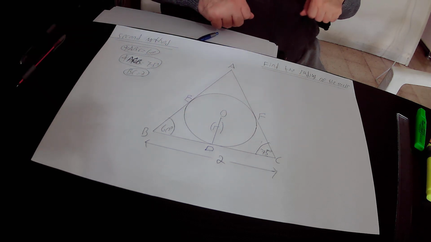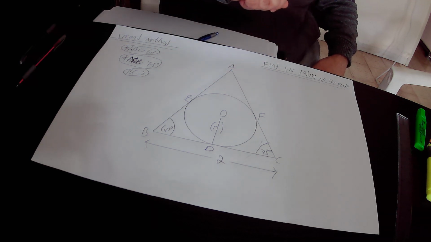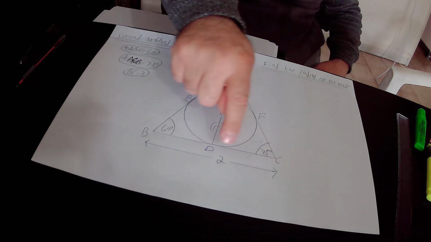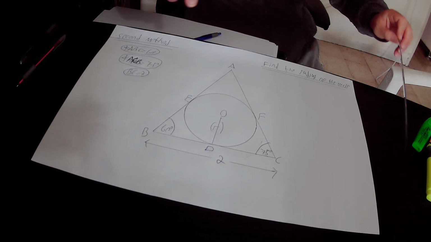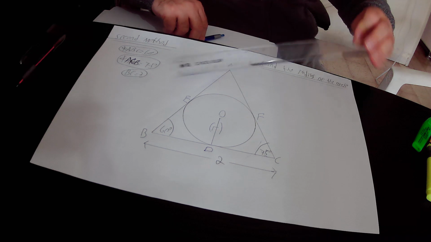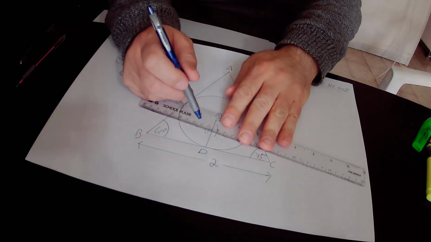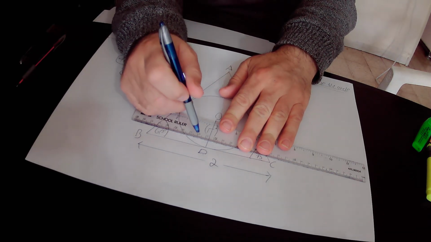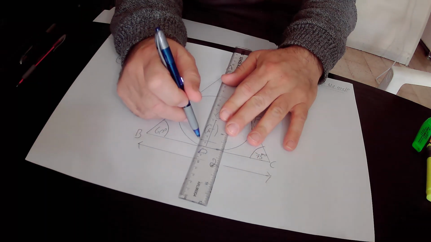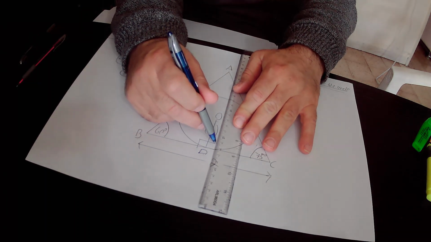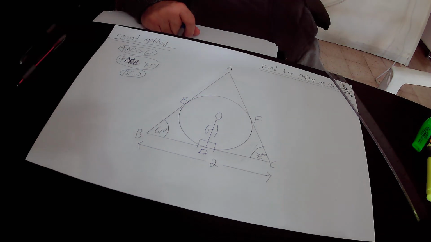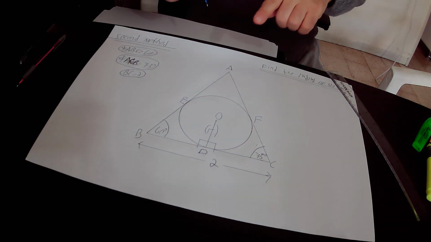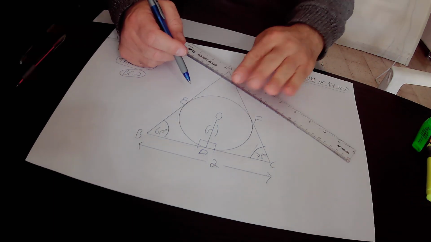And whenever you have a radius that is drawn to the point of tangency, then tangent BC will be perpendicular to the radius DO, according to rule number 1. If BC is perpendicular to DO, it means that this angle equals 90 degrees. And this angle also equals 90 degrees according to rule number 1. We join points O and D together by a straight line.